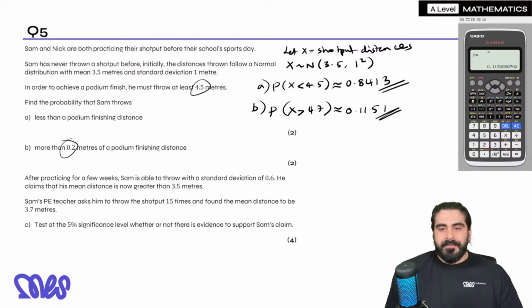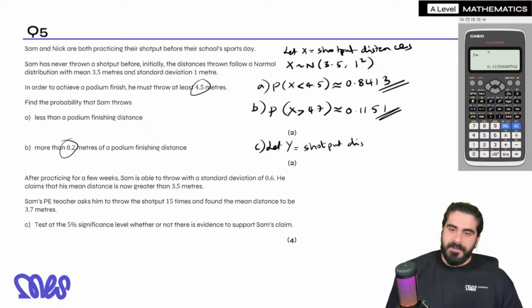Okay, so we have a new distribution because the standard deviation is changing, isn't it? So let's let y, or the new shot put distances, be normally distributed. It's still the same as before, 3.5, but the standard deviation is now changed.